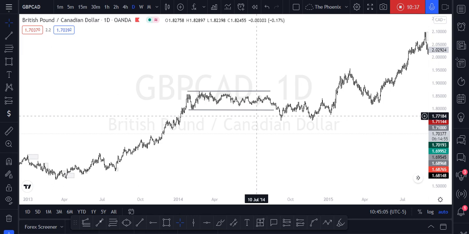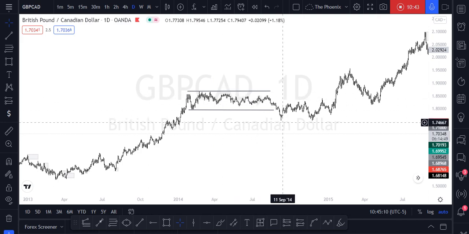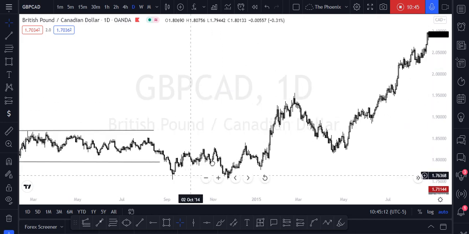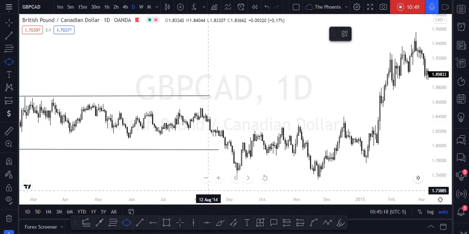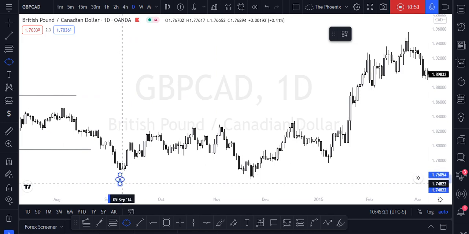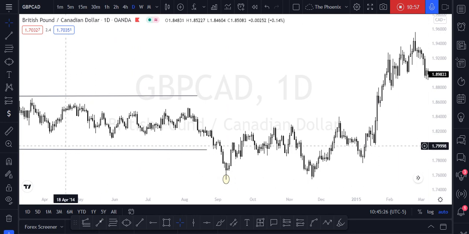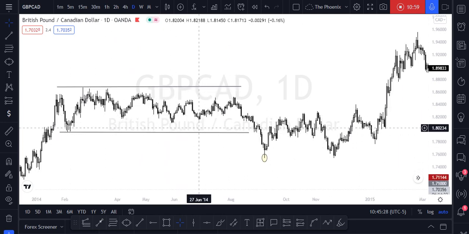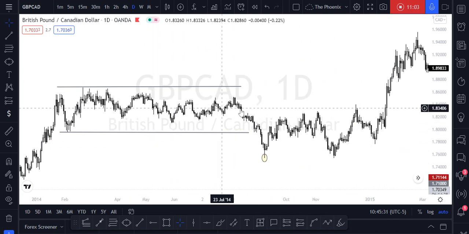What does the big bank do? The big banks now create the inducement, then they sweep the liquidity with this candle right here. So they would have created that scenario so that they can get the sell stops so that they can buy into the market, because they have to buy from somebody who is selling.